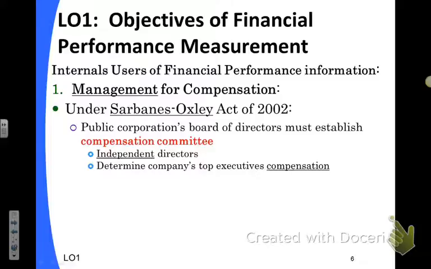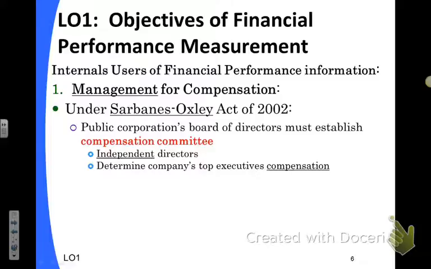Under the Sarbanes-Oxley Act of 2002, public corporations and their boards of directors had to establish compensation committees so that management wouldn't be incentivized to fraudulently misrepresent the financial performance measures in order to be compensated themselves.